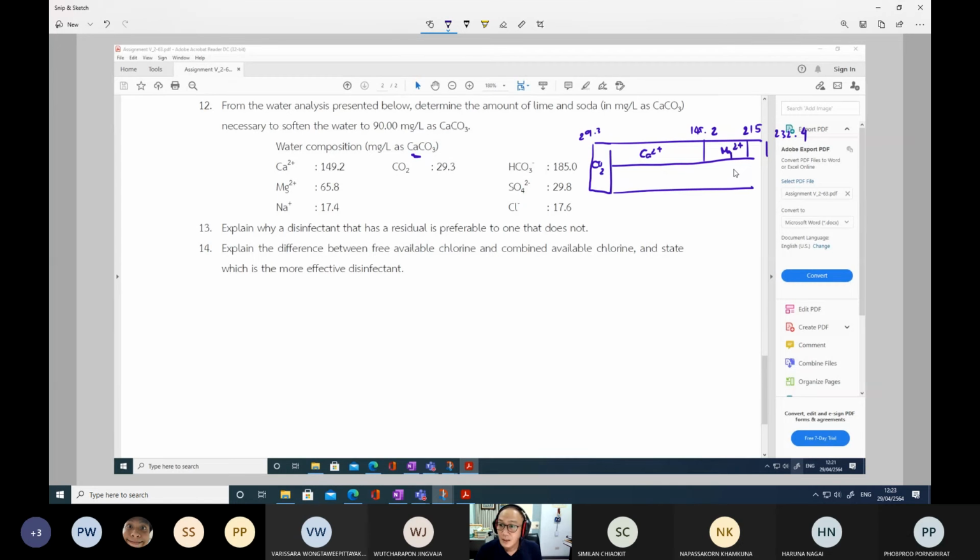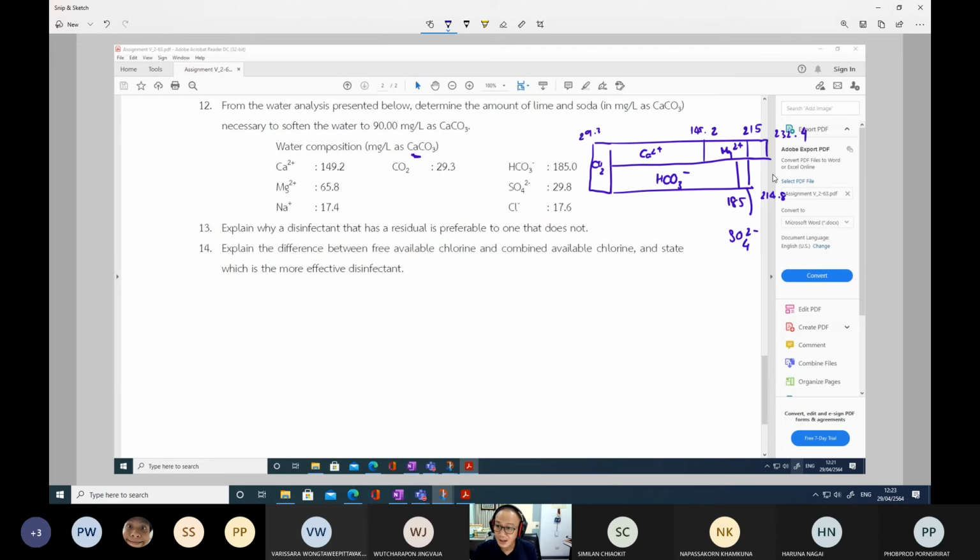And then here is the carbonate bicarbonate ion. So this is 185, then sulfate, 185 plus 14.8.